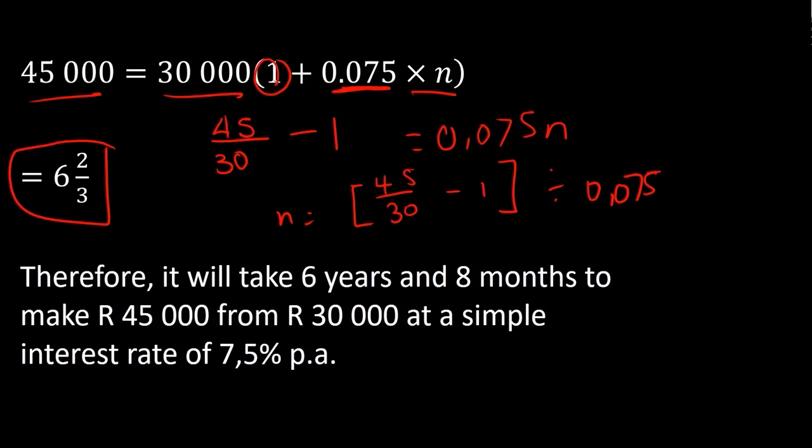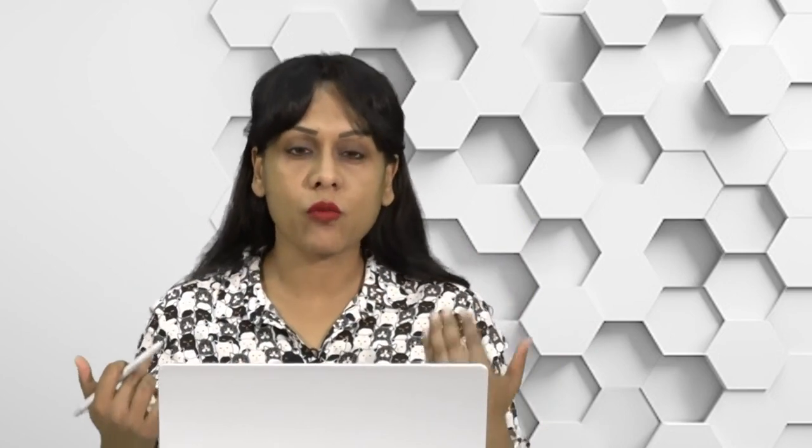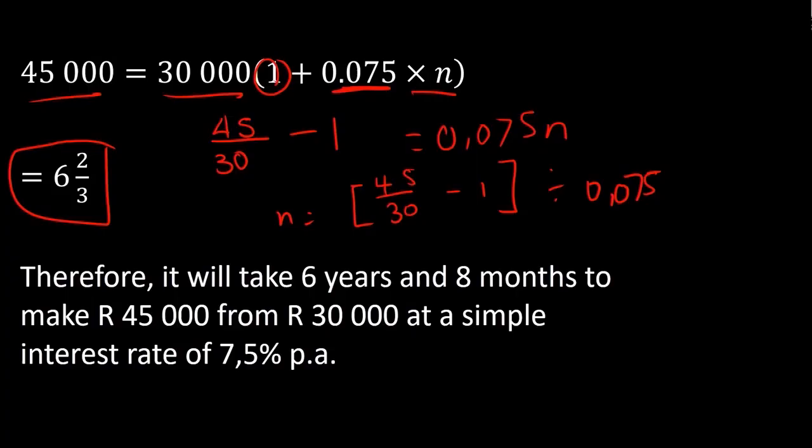But if we want to know exactly how long that is, how long is 2/3 of a year, we need to go further. So what we now have to do is convert 2/3 of a year to a number of months. And the way we do that is we know that there are 12 months in a year, so we know what 6 years is, right?